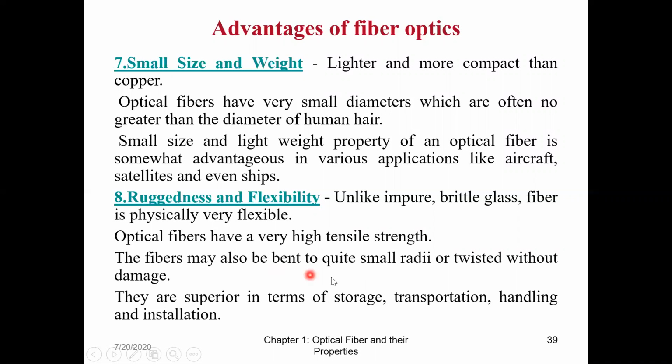So even though we say that fiber has very high tensile strength, if I bend the fiber cable, obviously there will be a loss in the signal. So there is a minimum bend that I can apply to the fiber cable. The protection will ensure that the fiber cable does not bend beyond a particular radius.